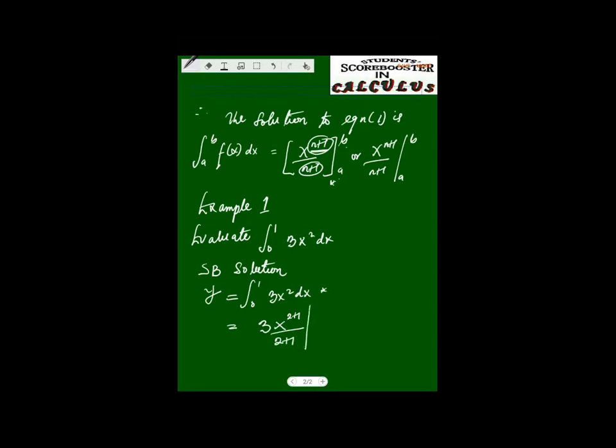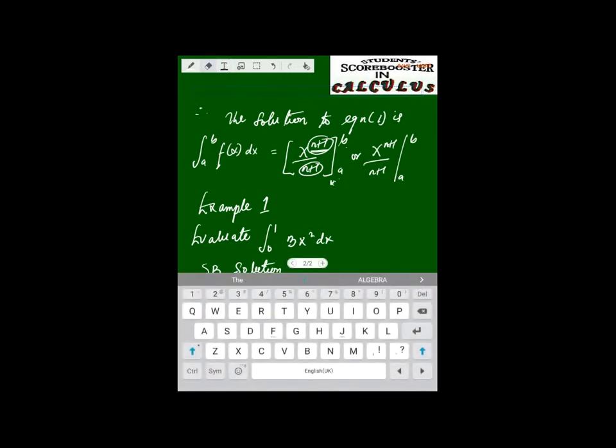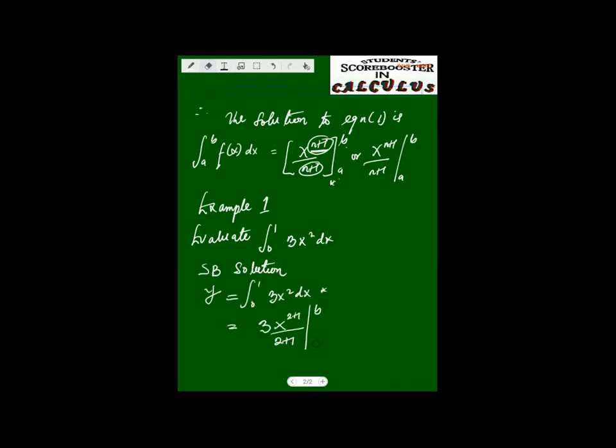Now I've been given the a and the b. What is my a? 0, and what is my b? 1.